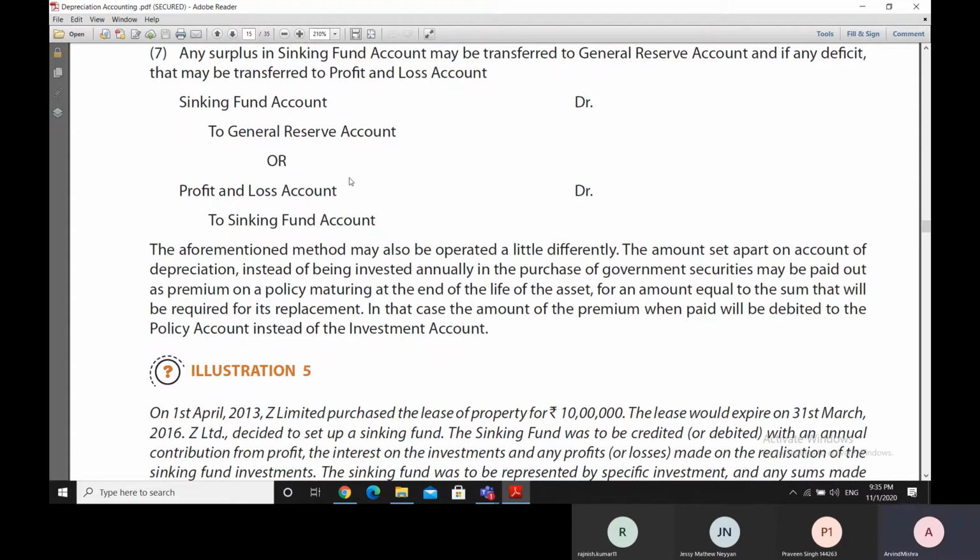The policy will mature at the end of the life of the old asset, so that by the time the old asset completes its useful life, our policy would have matured and we would have got the sum assured. An additional advantage is that if something happens to our old asset, we get compensated for that also, because this is an insurance policy.